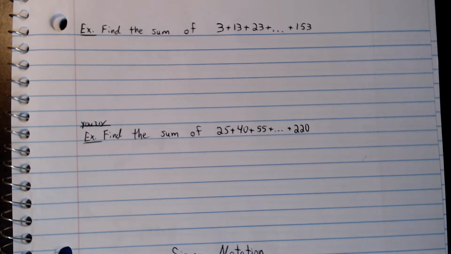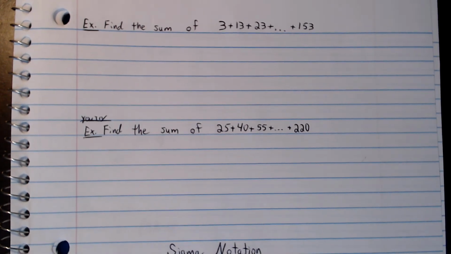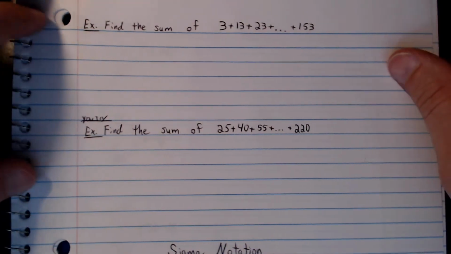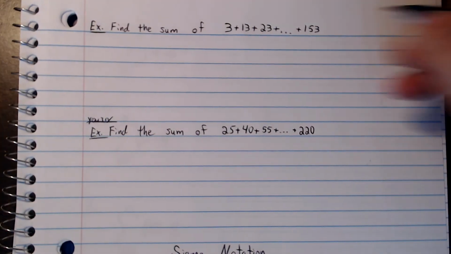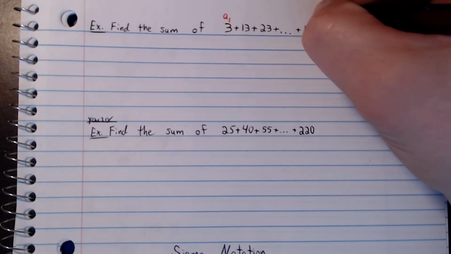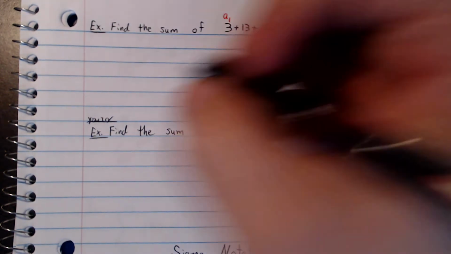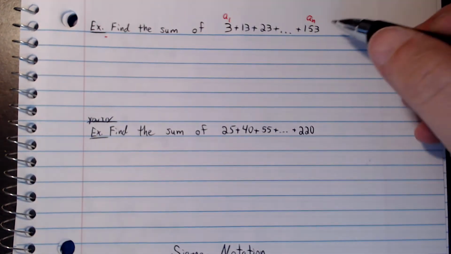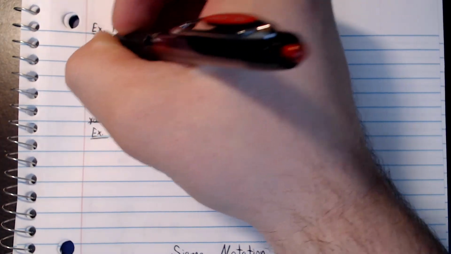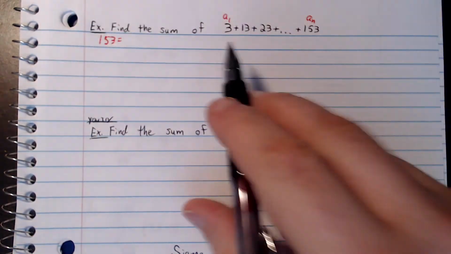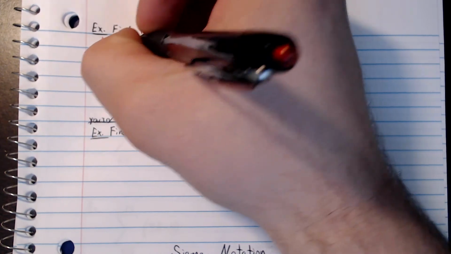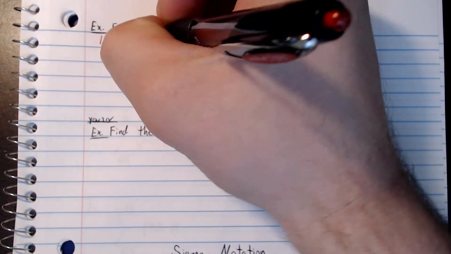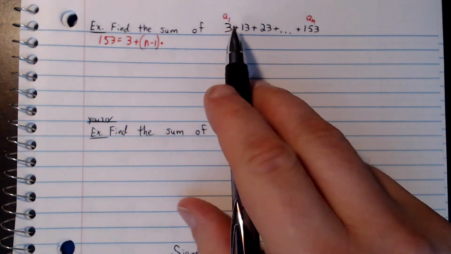In order to use the formula, it calls for n. We don't know n, but we do have a formula from last time that has n in it, our arithmetic means formula. So this is a1, this is an, and we know our an value, 153, is going to be equal to our a1 value plus n minus 1 times the common difference.